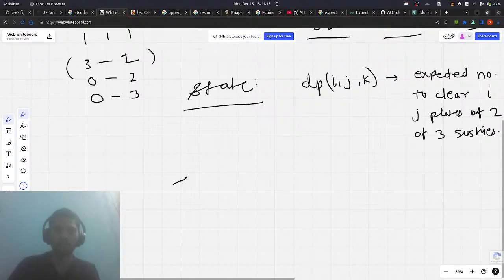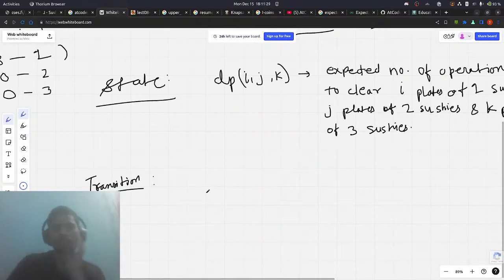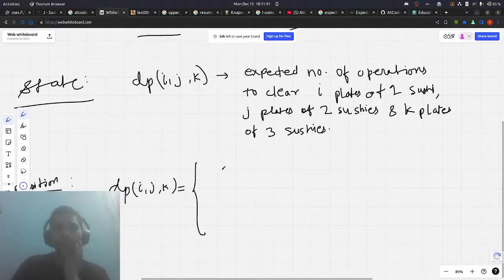So the transition will be this. So dp I j k will be 0 when x is less than or equal to 0, or y is less than or equal to 0, or I is less than or equal to 0, or j is less than or equal to 0, or k is less than or equal to 0.